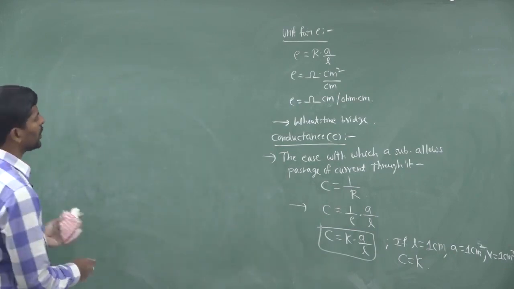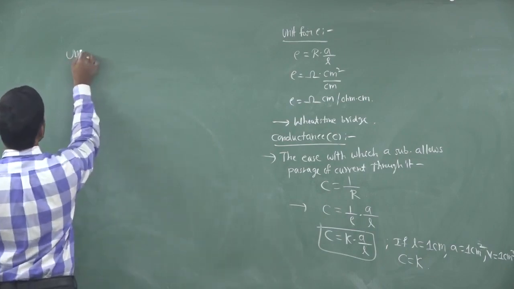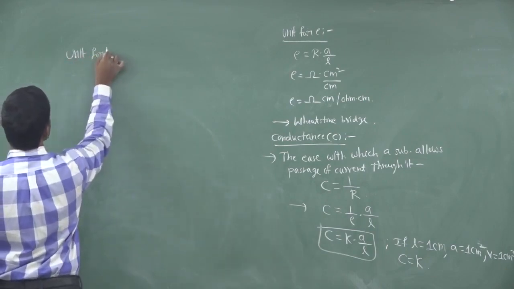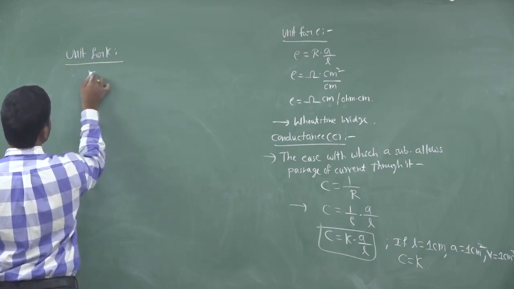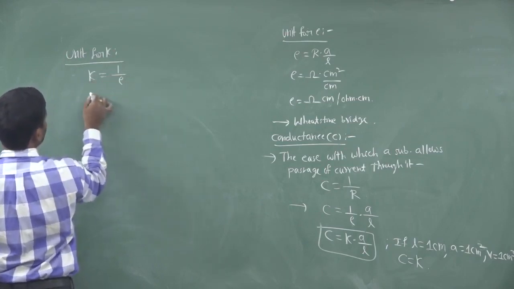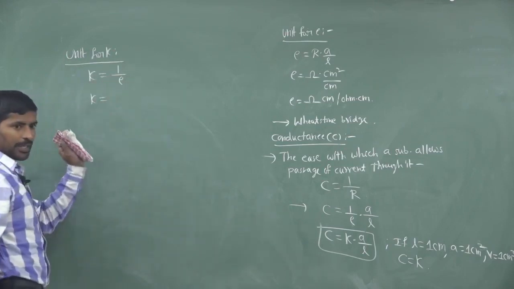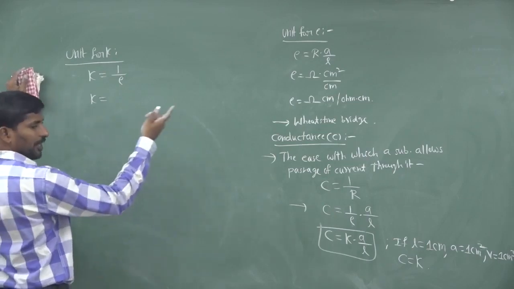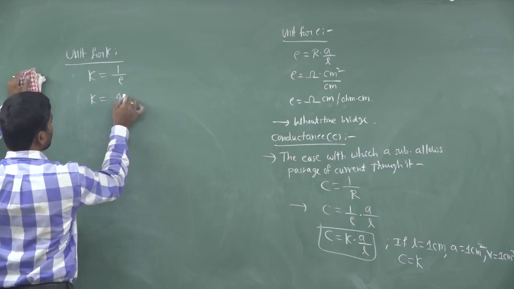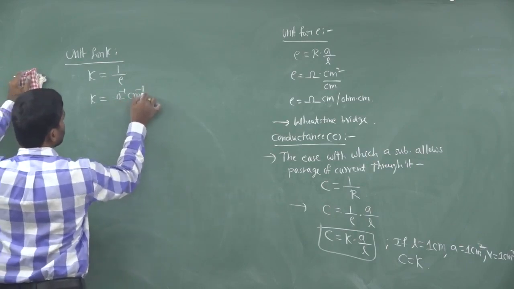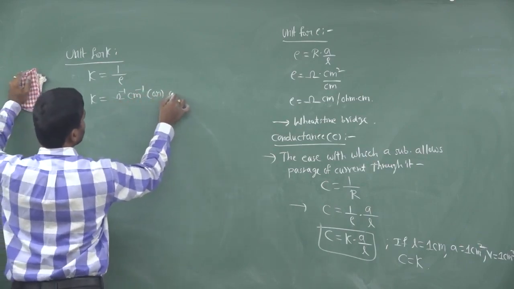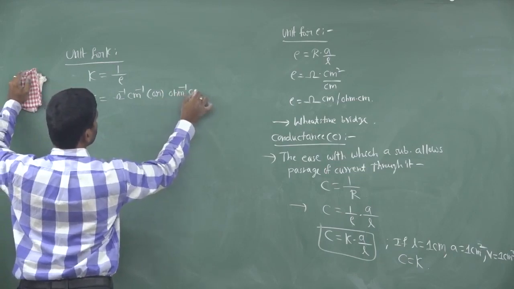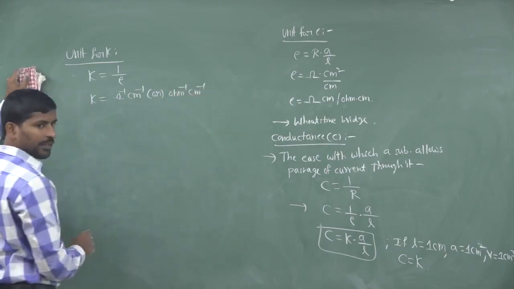Right, next one, unit for K. K is nothing but 1 by rho. Unit for specific conductance: 1 by rho gives 1 by ohm centimeter. If you bring that to the numerator, we get ohm inverse centimeter inverse. In SI units we get ohm inverse meter inverse.